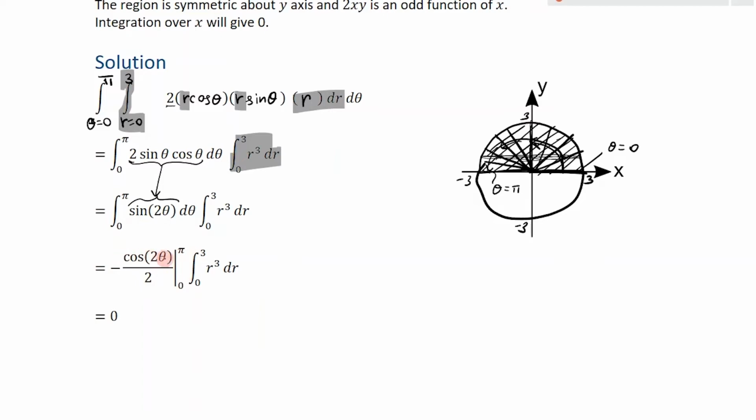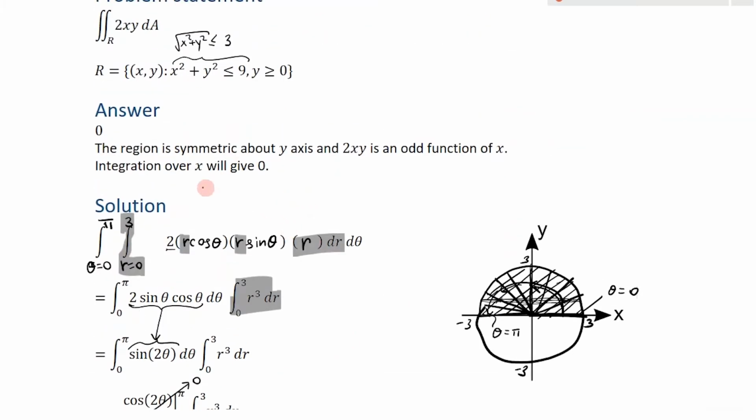Because cosine of 2 pi is the same as cosine of 0, which is 1. So then we have 1 minus 1, which cancels. So this is actually 0, so then we have 0 times something, so we don't even need to evaluate this integral, and we just get 0 as the answer, which is the same as we got here.